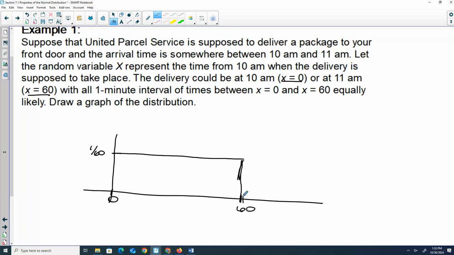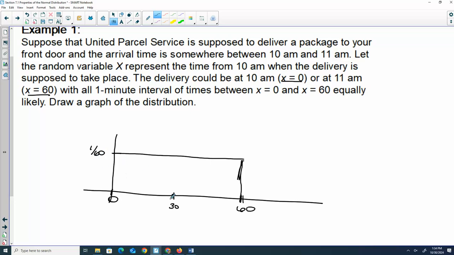Now, could we be more accurate in this graph? Absolutely. Could I put more points on my x-axis and show every 1-minute interval? Yes. We just don't necessarily have to, unless you chose to do that. If I had said it can only happen between 30 and 60 minutes, so maybe they called us and told us there was a delay, what would be the height?